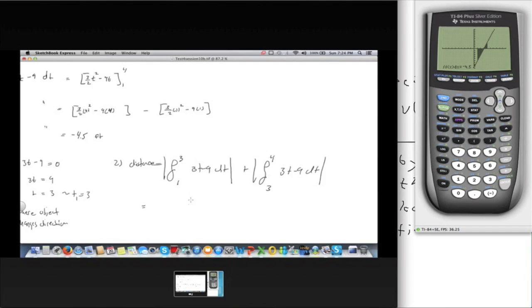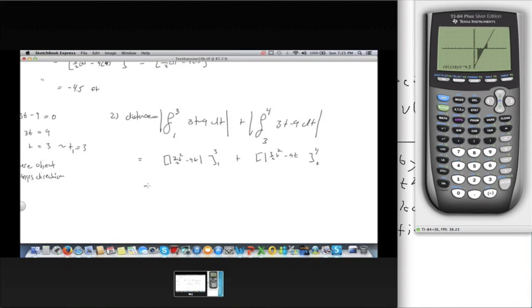So now I take the antiderivative. Okay. Now the absolute values ended up in the wrong place.